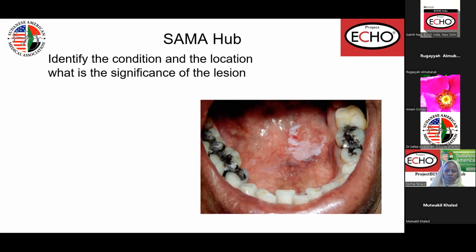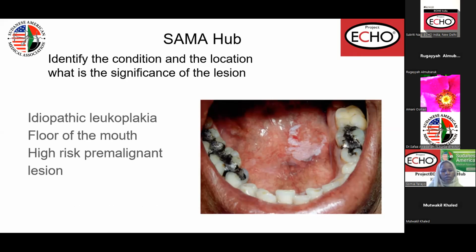Thank you very much to those who answered. It is, in fact, leukoplakia of the floor of the mouth. And this is not due to dipping of tobacco because the location is not typical. It is actually an idiopathic leukoplakia, so it has no well-known reason.